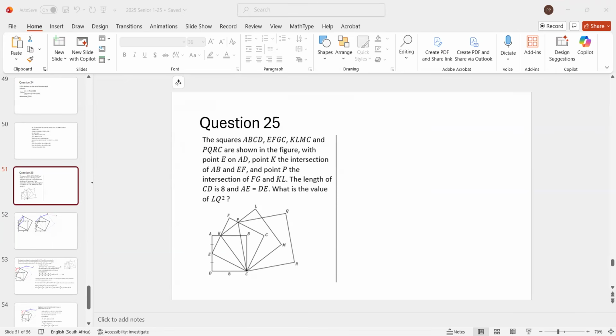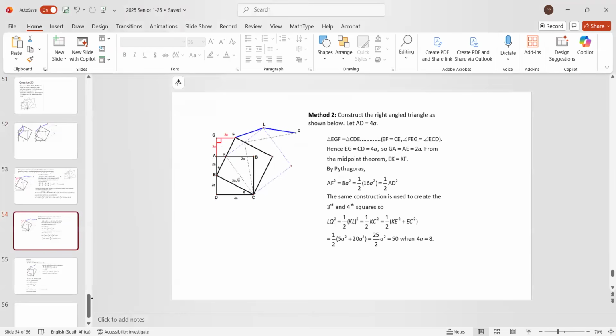I didn't draw this last one. I just put the Q here. Right? But if you did draw the last one, you'll get this picture. And the question is, what is the value of LQ squared? And there it is. You see the last thing is LQ squared is 50.